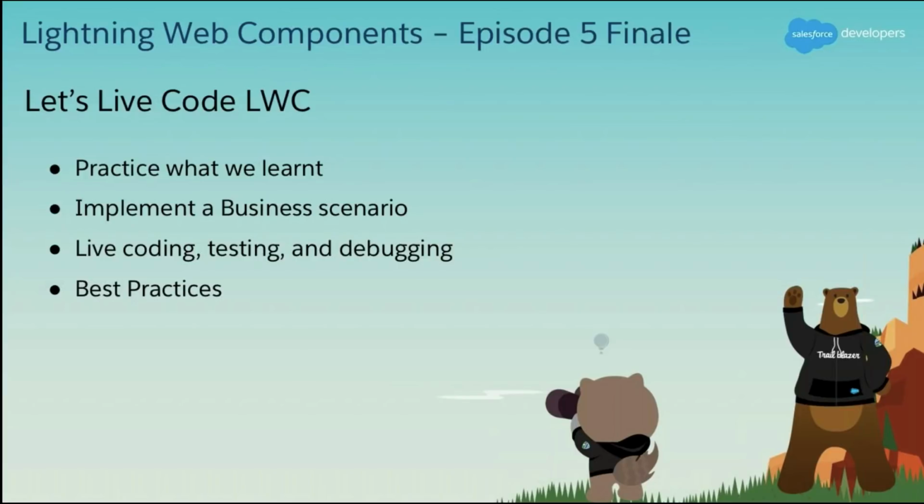We'll write the code live, we'll test it live, we'll debug it live. Hopefully we make some errors like any other developer does, and we have to debug it and see what we have done wrong. And we'll also share some best practices around the various things that you can use to build Lightning Web Components. It's going to be a very interactive webinar, and it's the last episode.